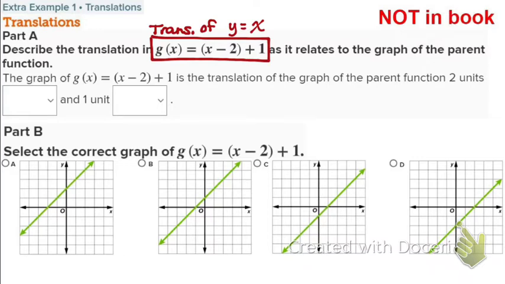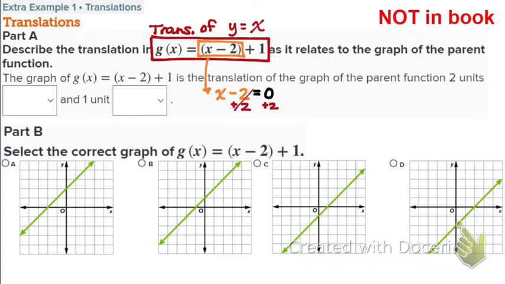Where would I look to see if it went left or right at all? I'm going to look inside these parentheses right here. If I see x minus 2, I always take that and set it equal to 0, and I have to solve this for x to figure out whether it went to the left or to the right. What would I do to get the x all by itself? We're going to add 2 to both sides.